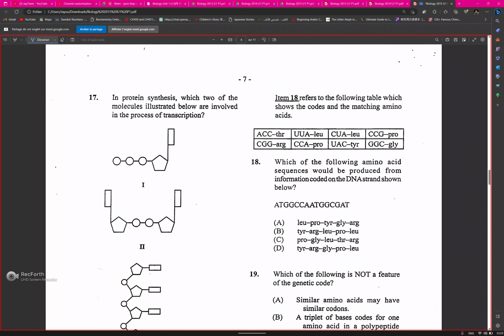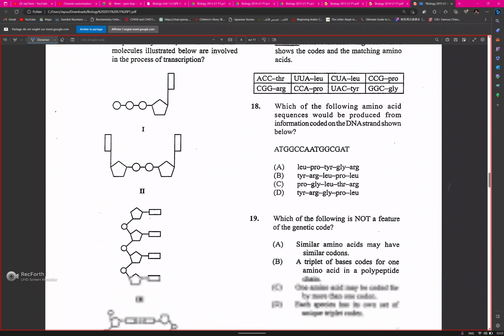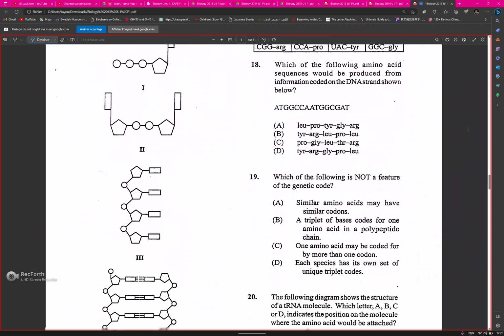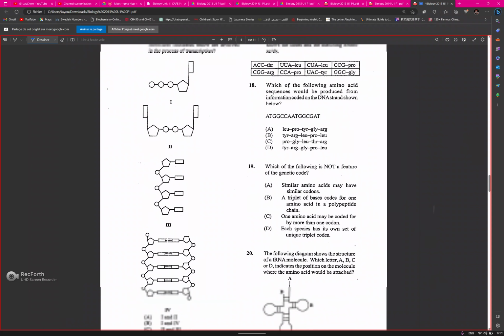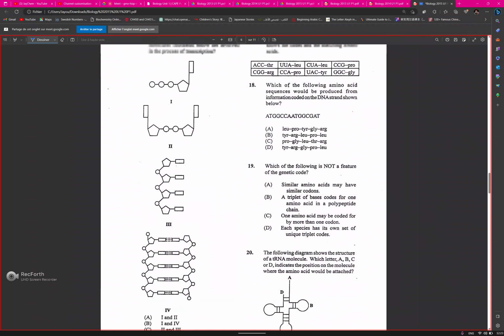17. In protein synthesis, which two of the molecules illustrated below are involved in the process of transcription? So which are involved? Which two are involved in transcription?